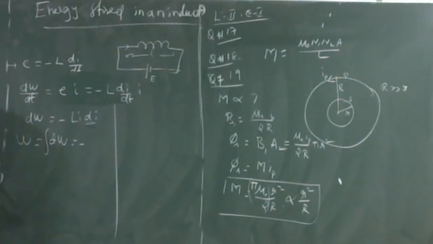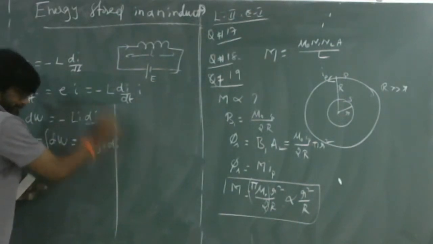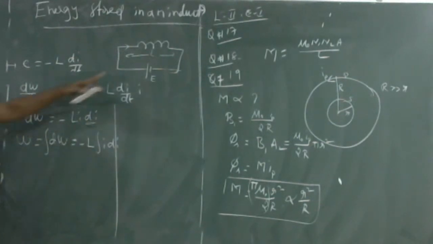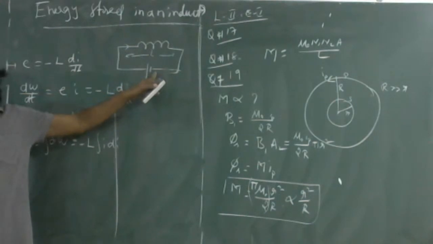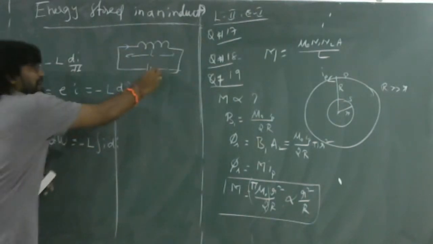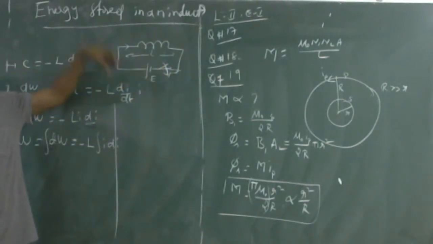Now the total work done in transporting this charge is given by the integral of dw, which is equal to minus L integral of I di. As I is the variable, in an inductor the current grows when you close the key. The current immediately will not become maximum.